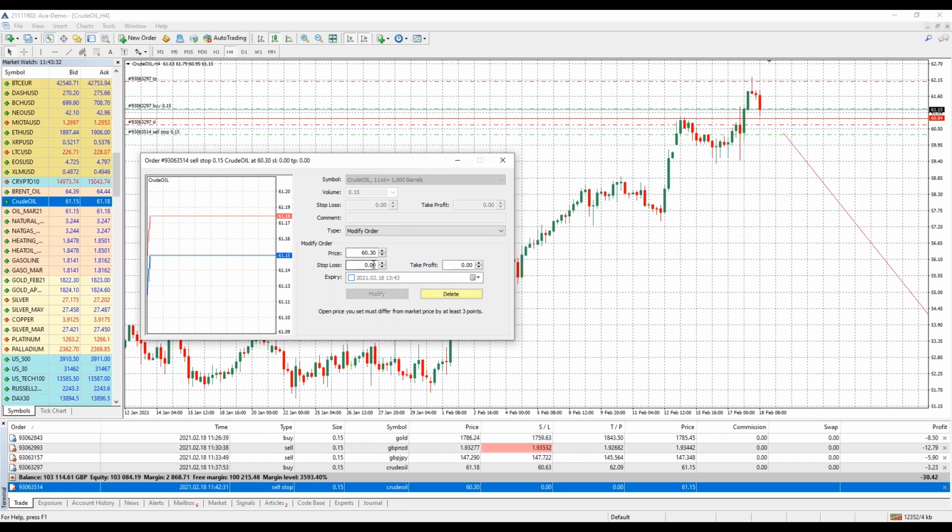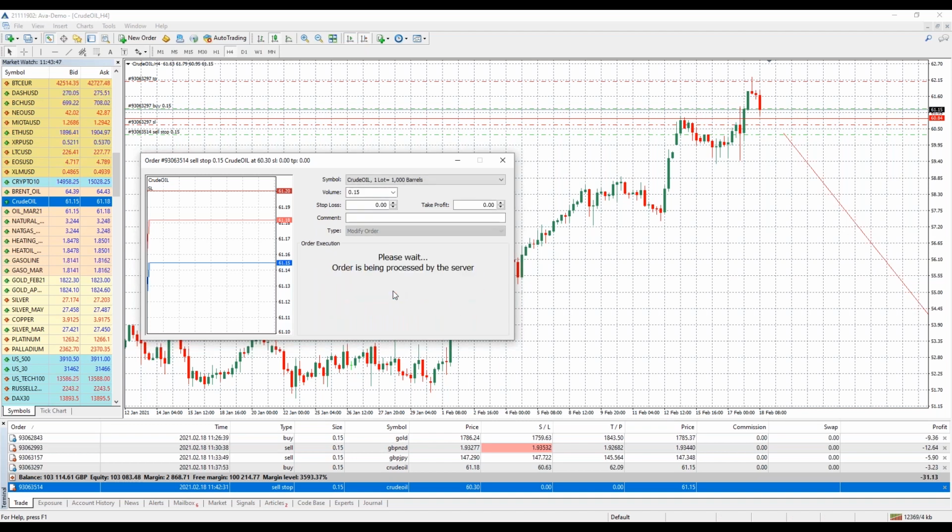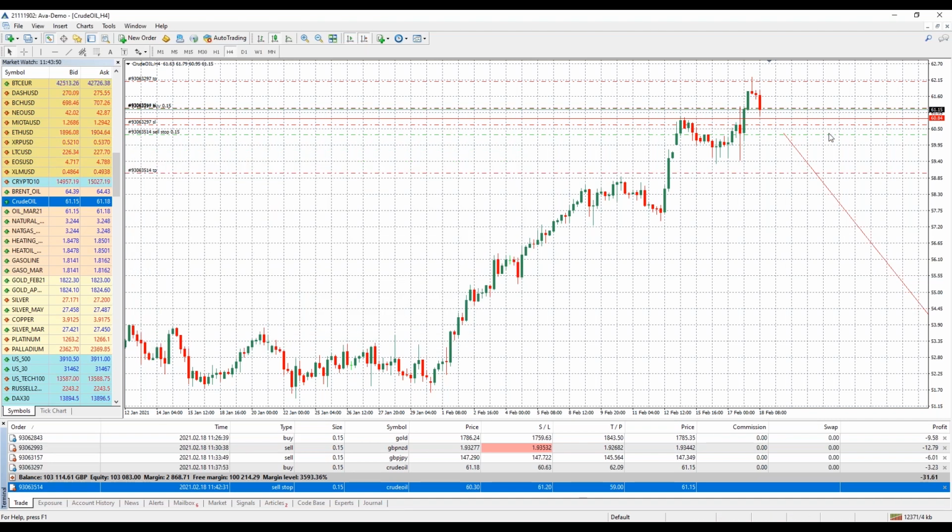I could put my stop loss back up at 61.2, something like that. And my take profit I could have down at this support level down here, maybe 59. Okay, so there's my pending order setup in the opposite direction of my market move.